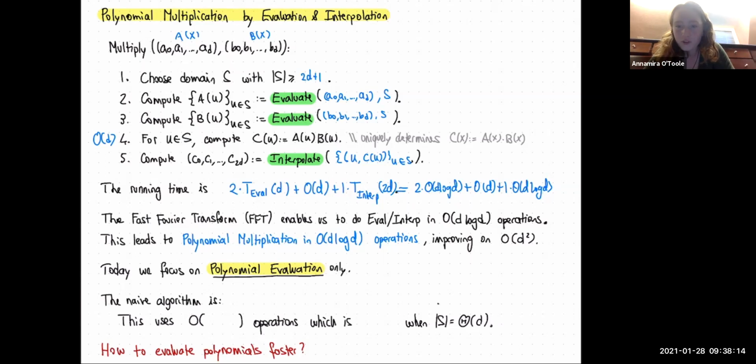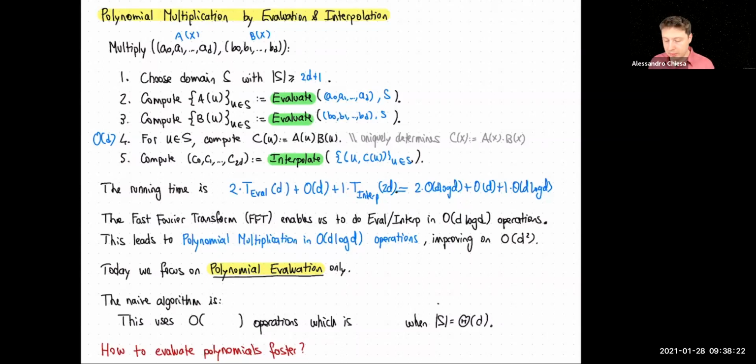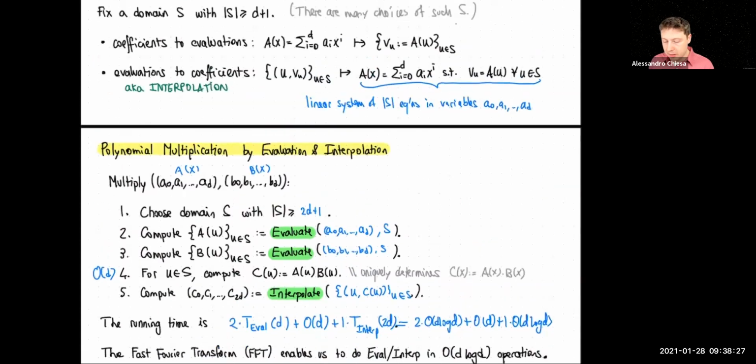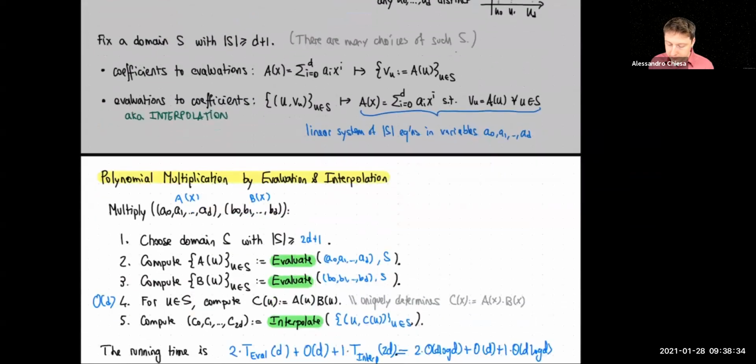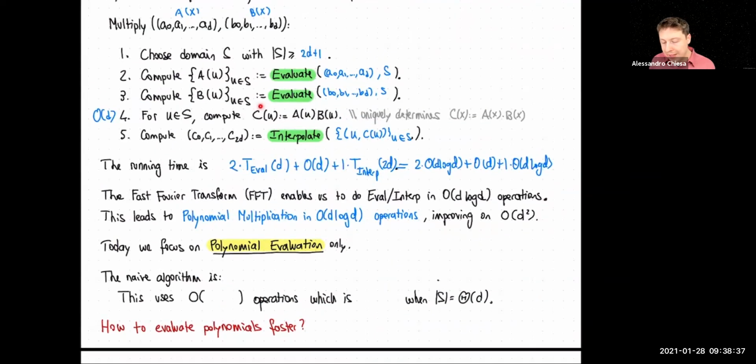There are another couple of questions about the domain and how big S is again. Why does S need to be this large? Because remember, to specify a polynomial, you need to give me the degree of the polynomial plus 1. The polynomial that I would like to uniquely determine is C, and C has degree D plus D, so it has degree 2D. Therefore, I need a domain that is large enough to uniquely determine C. So that would be 2D plus 1.